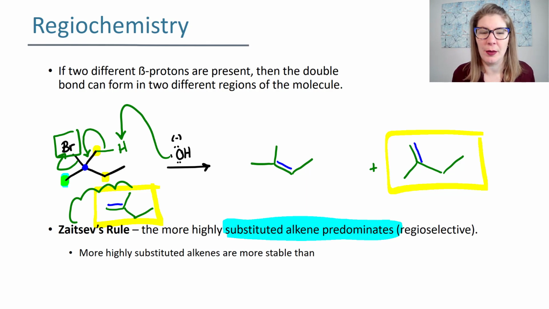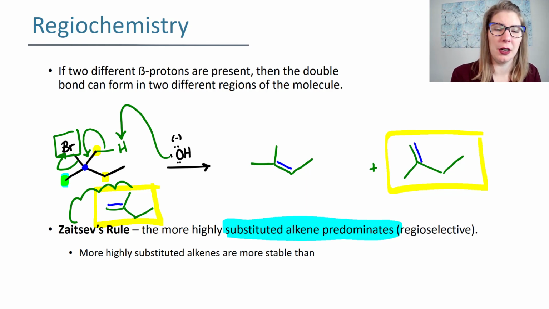Let's talk regiochemistry again. The more highly substituted alkene predominates. What that means is the alkene that has the most alkyl groups attached to the sp2 hybridized carbons is going to be your major product. That means that at this point, we're going to start labeling things as major and minor products.